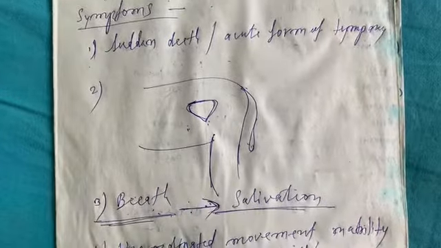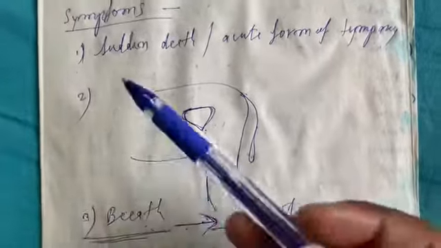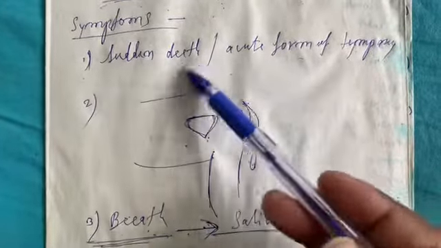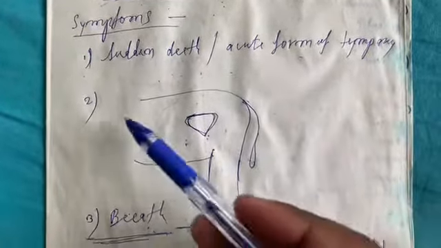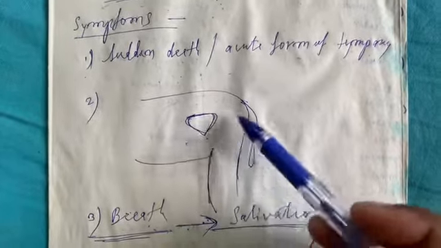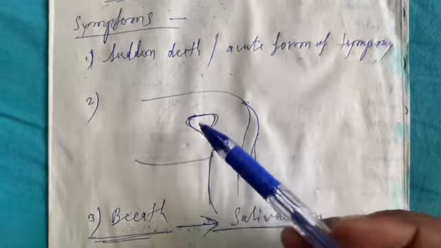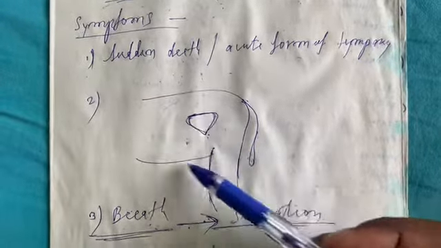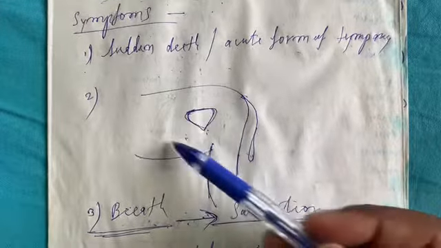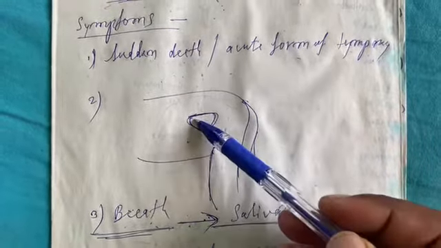that is, tympany or bloat. The number one symptom that we have seen is sudden death. Sudden death may occur in the acute form of tympany, and when we see the flank regions and abdomen of the animal, it enlarges, it becomes large in size. Okay. So, this is called the flank region, and this is the abdomen, it becomes very large.